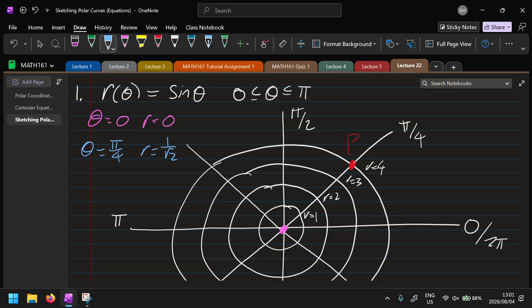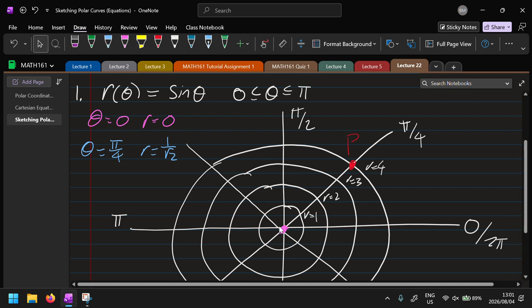What do we get? 0.71. So 0.71, slightly less than that 1 that we have here. So at pi over 4, we're along this angle here. And we know that the distance from the origin is 0.71. So somewhere close to that r equals 1.